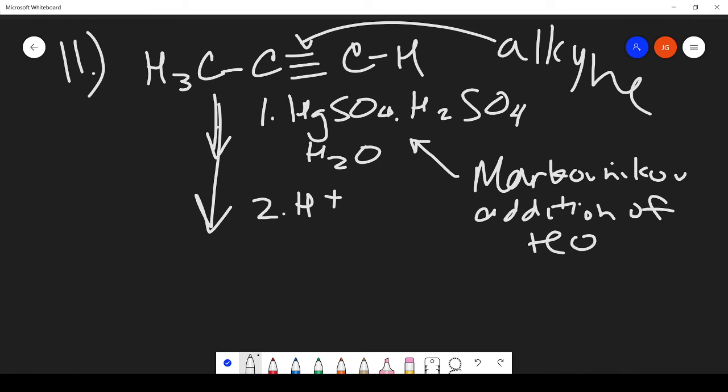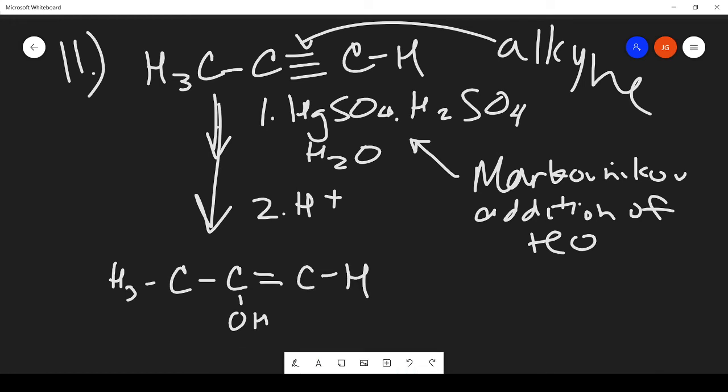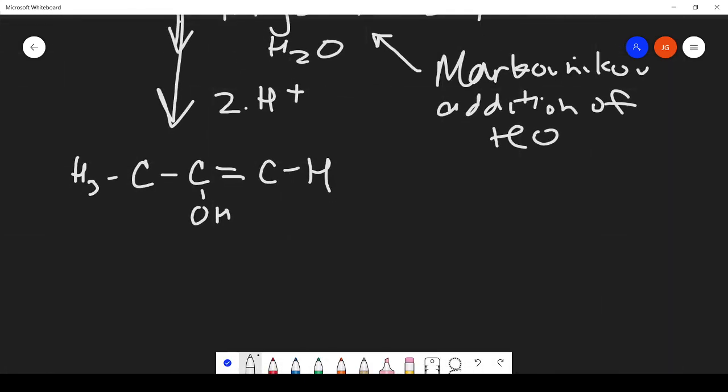And so we're going to add it to the more substituted side. We're going to add an OH group. In that case, that's this carbon. So I'm just going to bring that here. Okay. And it forms a chemical species called an enol. This is called an enol.